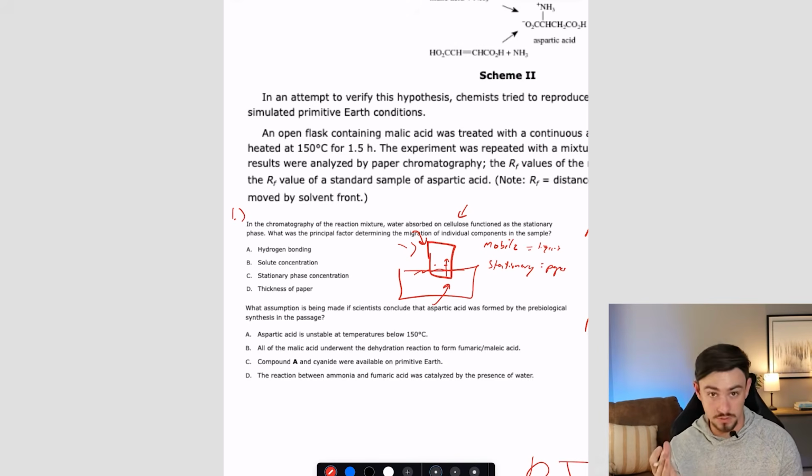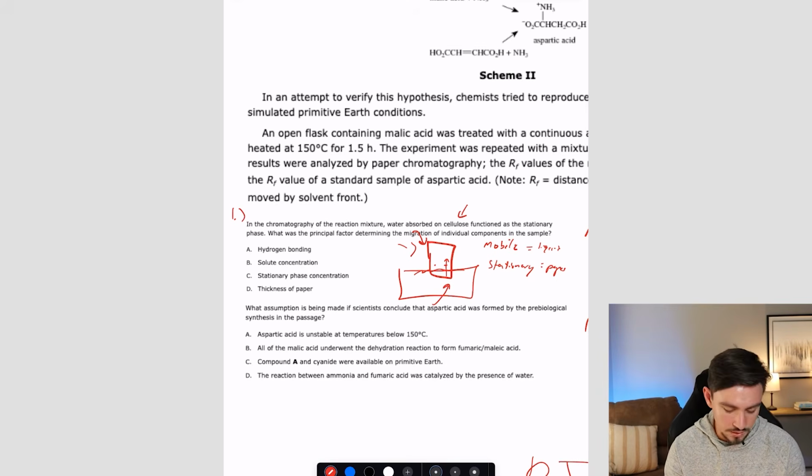So going off my simplification of what makes these polar, hydrogen bonds definitely does. Solute concentration, how much polar you have does not necessarily determine that, right? Again, that really doesn't play a big impact on this. And the thickness of the paper, you can be dummy thick, but it really doesn't play an impact on your polarity. So the correct answer here is hydrogen bonding, because it has a huge impact on the polarity of molecules.